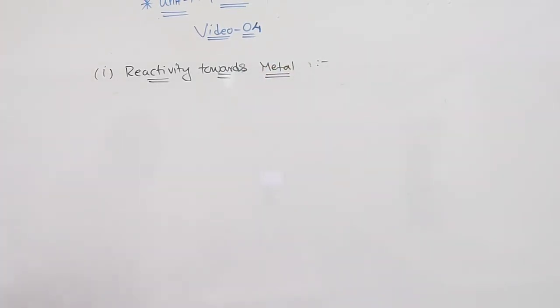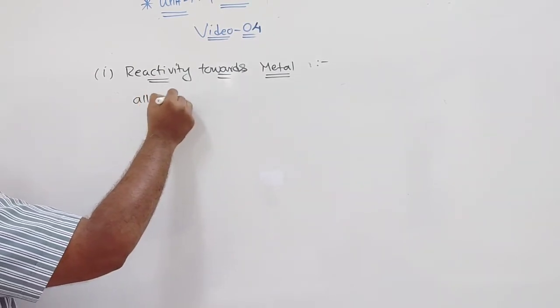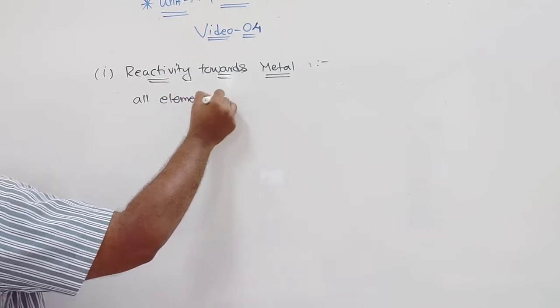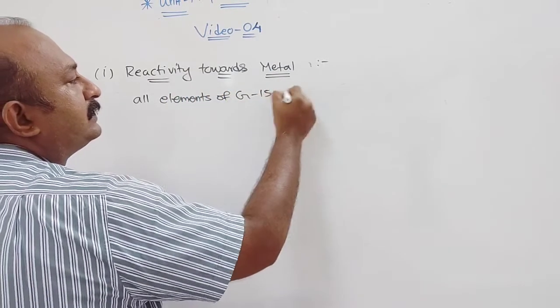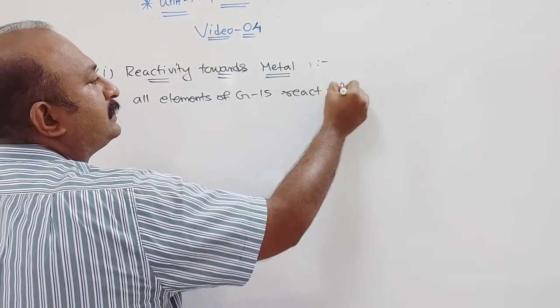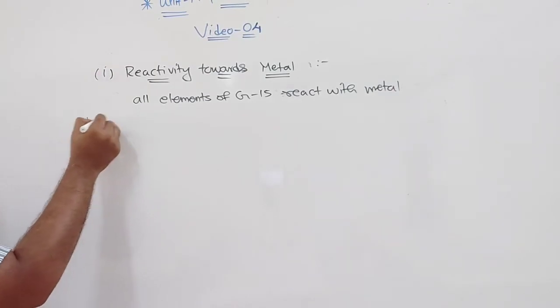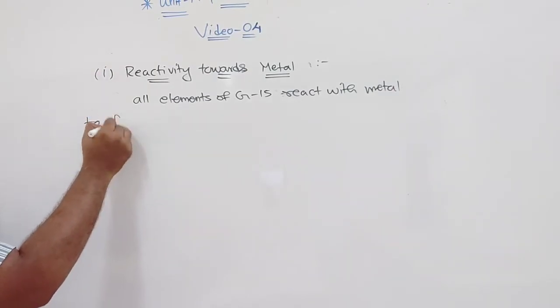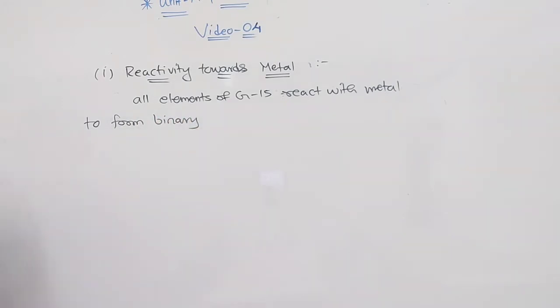Now when we talk about reactivity towards metal, in your book all the elements of group 15 react with metals to form binary compounds.